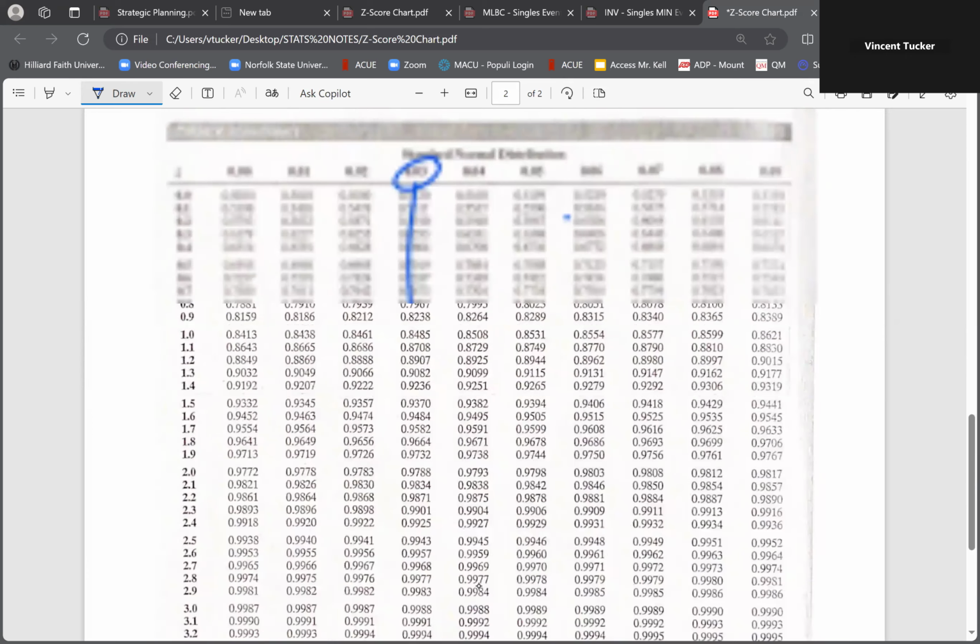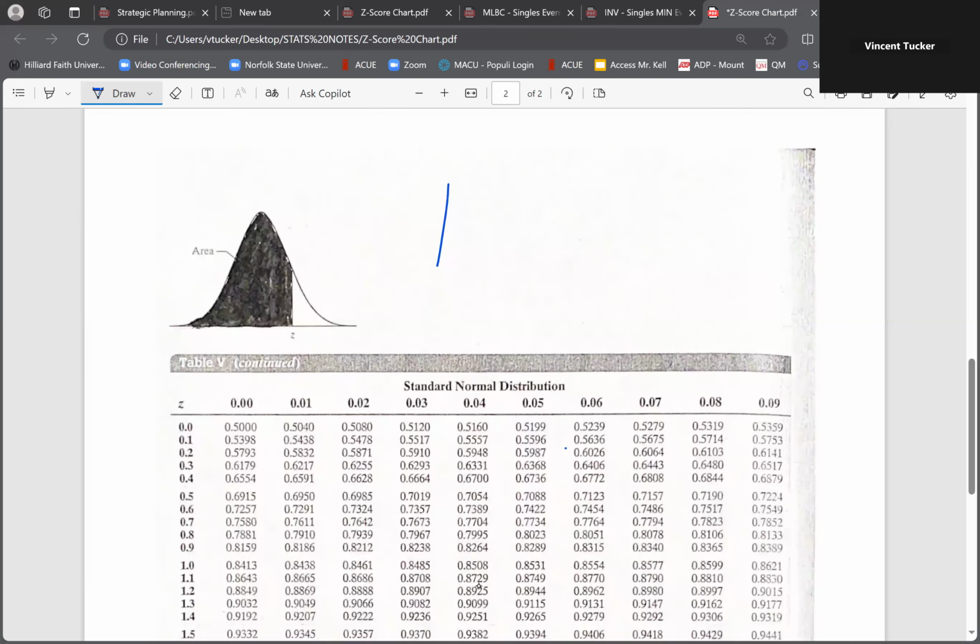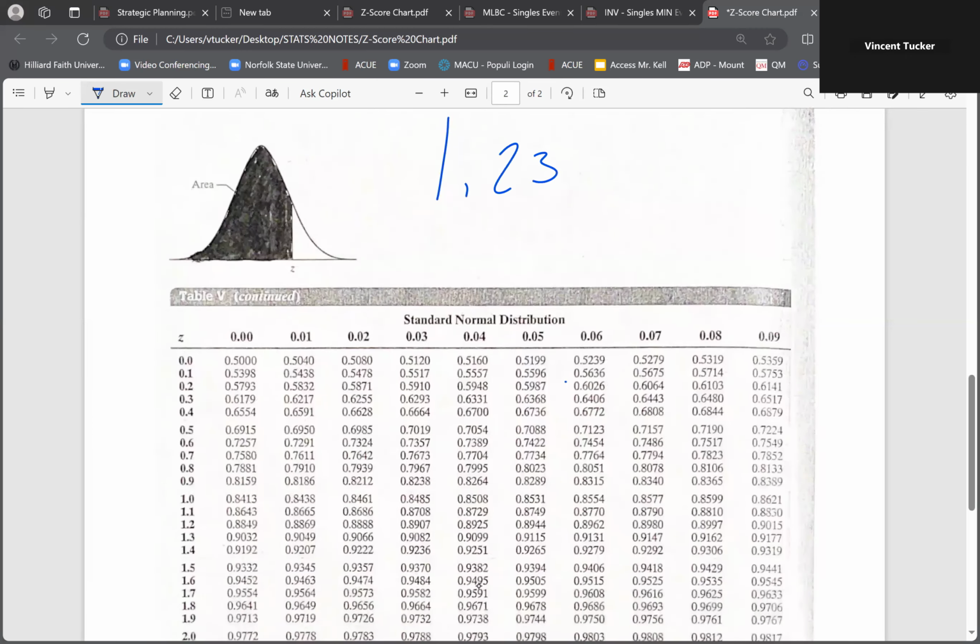All right, so if I'm looking for a positive 1.23, I go to 1.2, which is right here, 3, which is right here, and then where it lines up, that will be 0.8907.